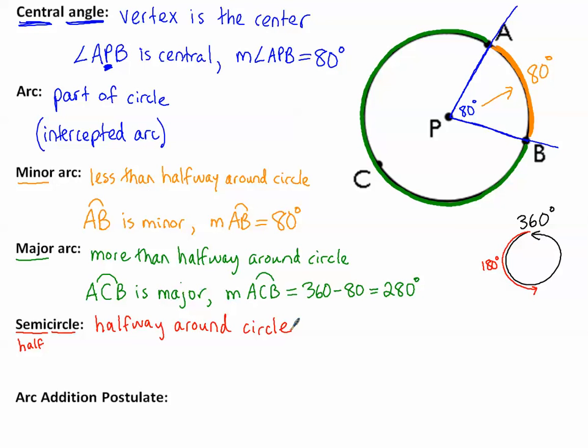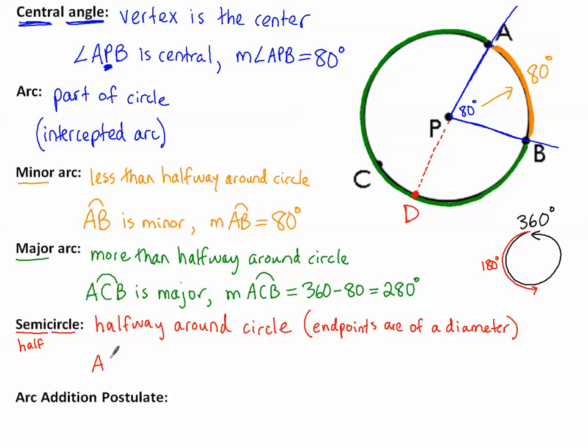Now I don't have a picture here to show halfway, so I'm going to take this radius and extend it to create a diameter. I'm going to call this point D. So halfway around the circle, I kind of need to know endpoints of a diameter. So let's write that we need that. Endpoints are of a diameter of the circle. So I drew a diameter of the circle, and then I can say arc A, and it doesn't matter if I use a letter because going from A to D is exactly halfway either way.